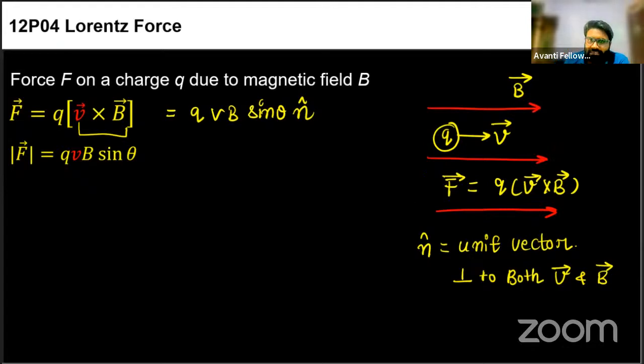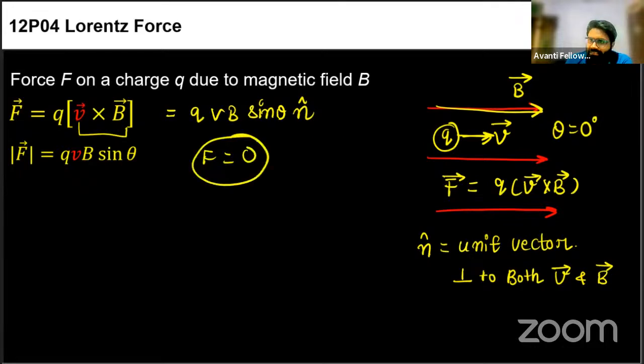Like in this situation, this is the direction of magnetic field, and in the same direction the velocity vector is there, so the angle will become 0 degree. So the force vector here is zero, because sine zero is zero.